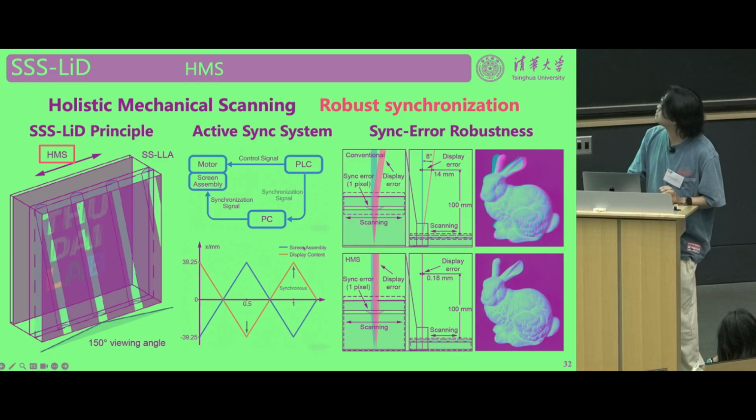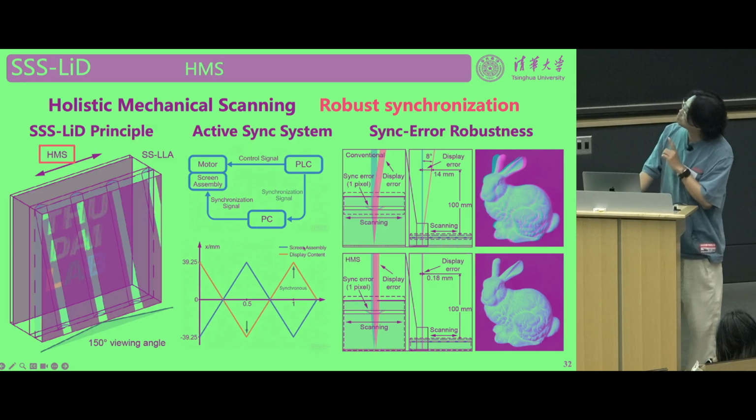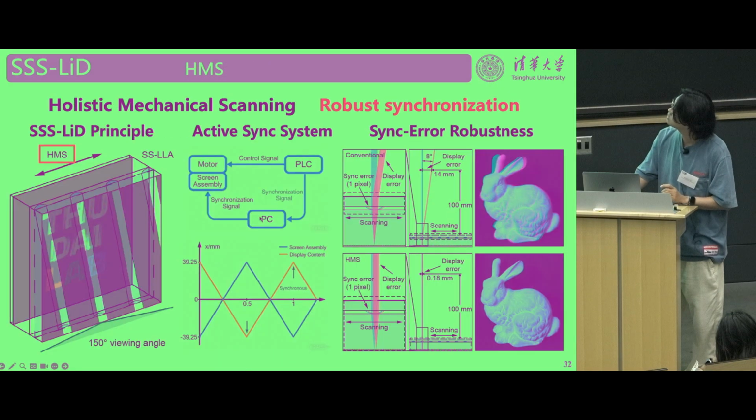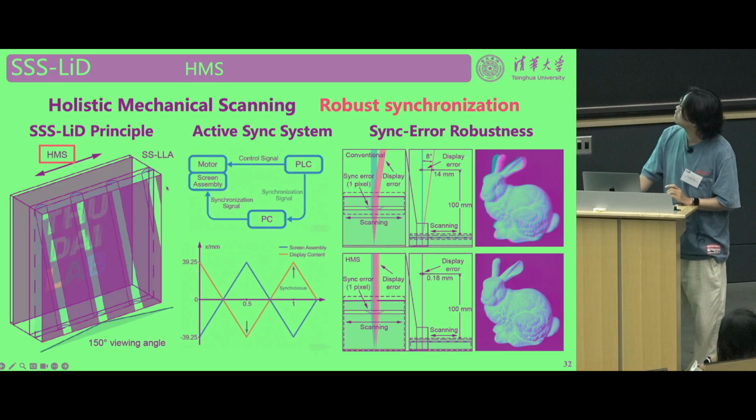By combining HMS and the super Snell lens, another benefit of HMS is that the lens and the acrylic part move together.